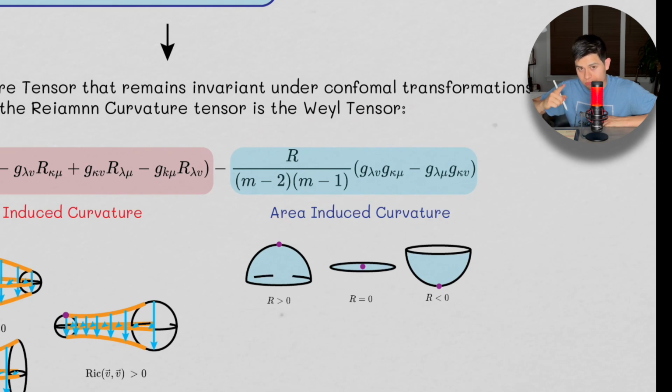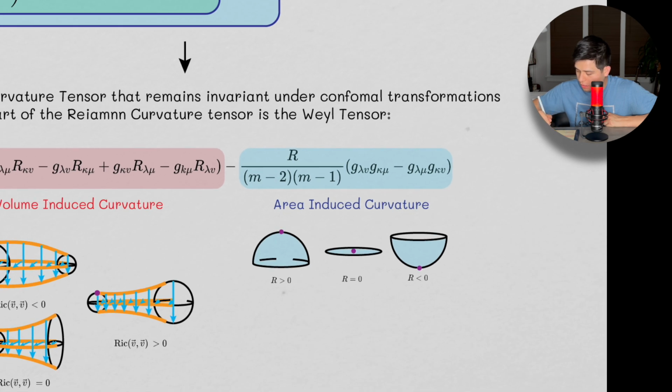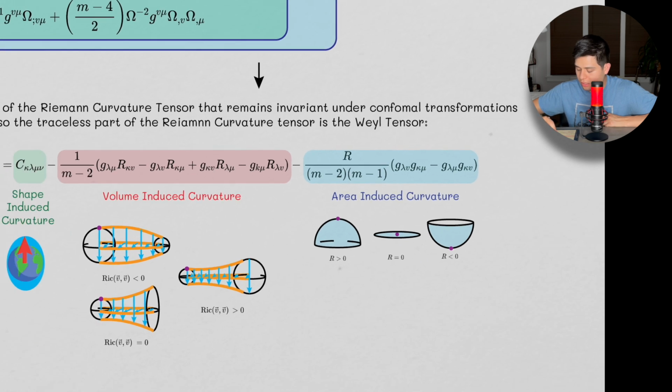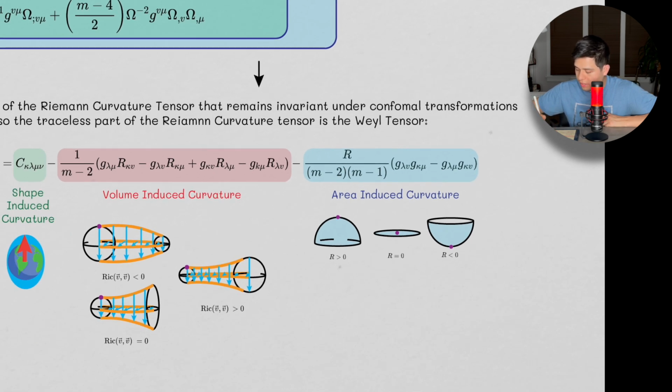However, if m equals 2, or if m equals 1, right? If m equals 1 or 2, then all of a sudden, we don't have a source of curvature anymore, right? Because we identify source-freeness with the Ricci scalar, okay?